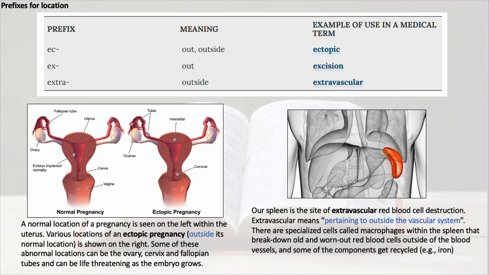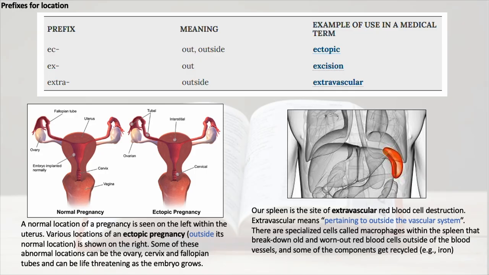So again, extra means outside, beyond. So often it is explaining an outside or surrounding region, if you will. Again, extracellular, another example, or extravascular.